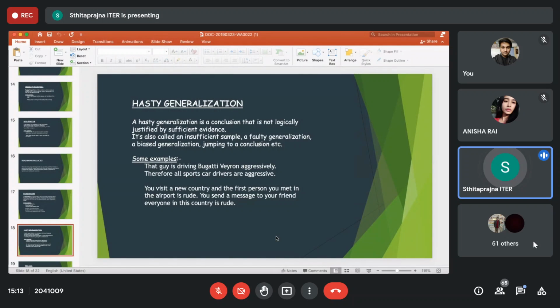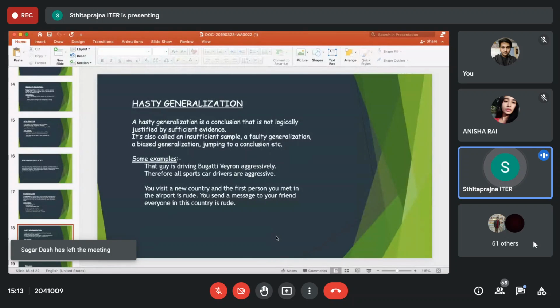That's called hasty generalization. The name itself implies that the generalizations made are hasty and don't really conform to any of the evidence. There's no confirmation from any of this evidence. You can't take one sample, one example, and just generalize it and justify that this is true. You can't take one sample and say everything is like this.